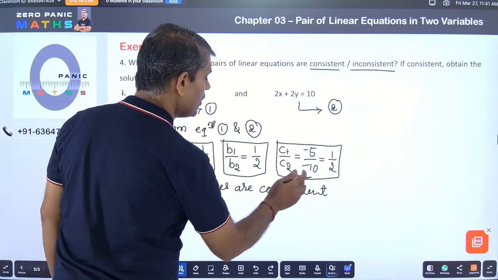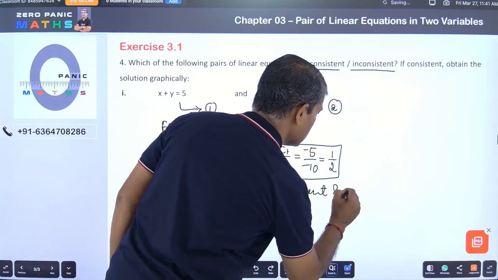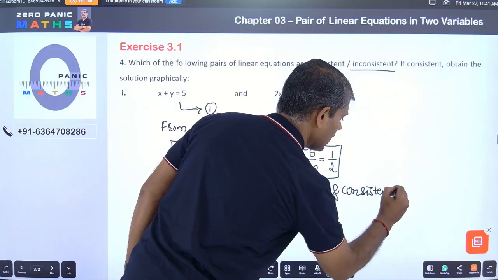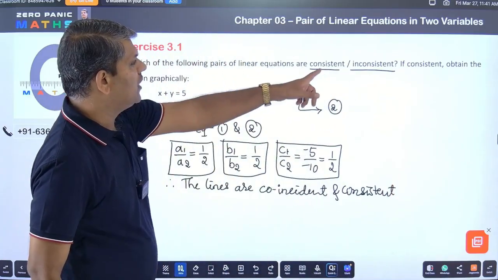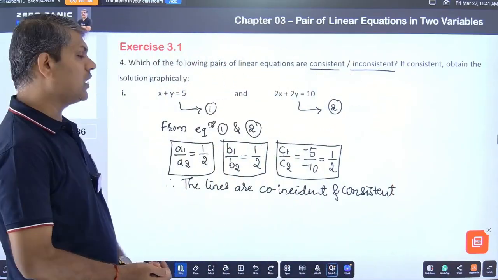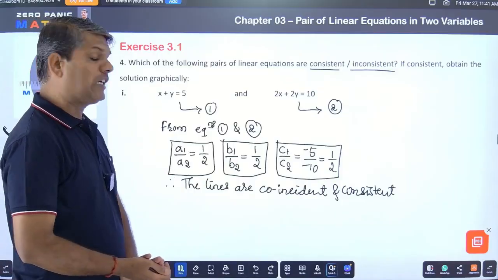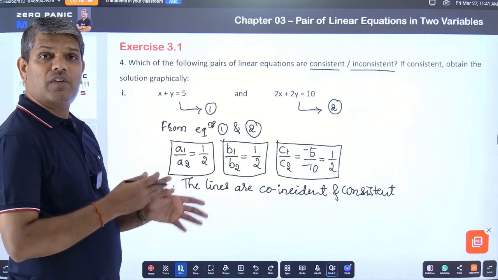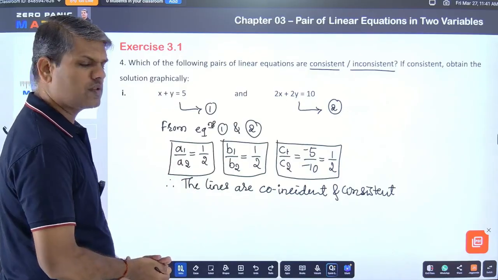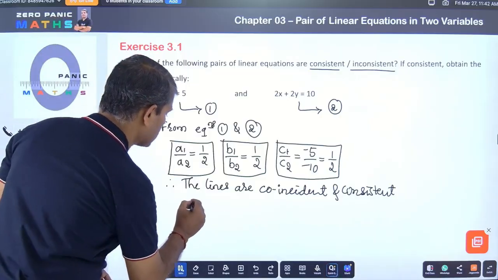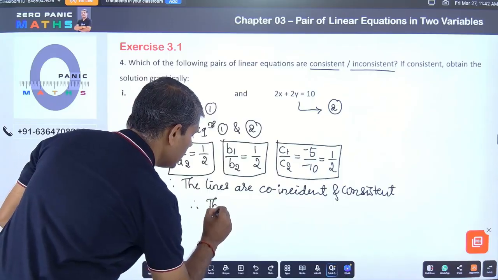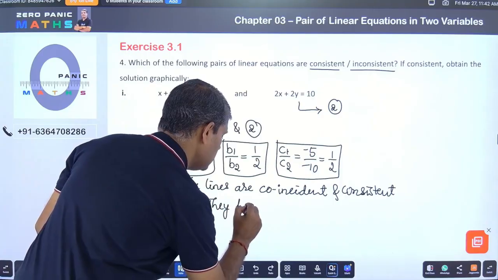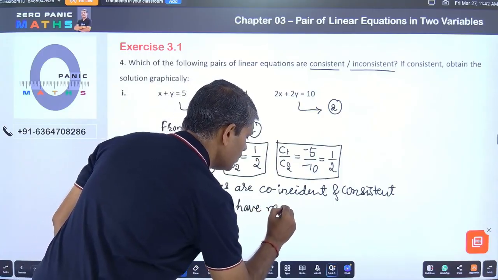So the lines are coincident and consistent. But what is asked? If consistent, we need to plot the graph, but we cannot plot the graph because the lines are coincident. They have infinitely many solutions. So just write that, you don't have to plot the graph. Therefore they have infinitely many solutions.